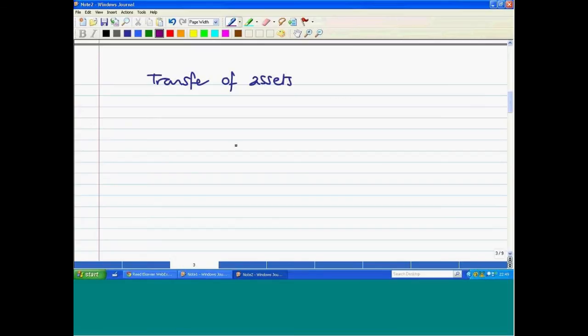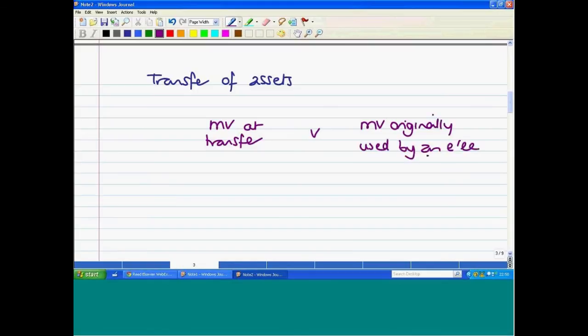Now the two values we're going to be comparing is the market value at the transfer, and we're going to compare that against the market value when it was originally lent or used by, and again, here are those key words, an employee.